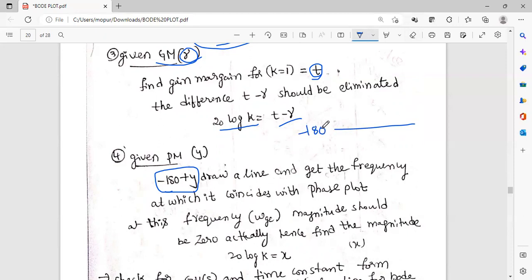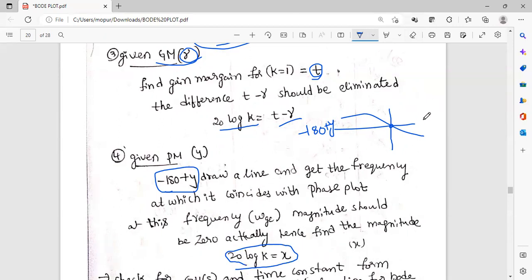Actually, at minus 180 plus y, the magnitude should be 0. So you draw a vertical line and get the corresponding frequency where this coincides with the phase angle plot. You extract the corresponding magnitude at this point. It should be 0, but we are getting some other value, not 0. So you just equate 20 log k equal to x. So this is how you should find the value of k when k is not given and they had given the gain margin, phase crossover frequency, and gain crossover frequency.